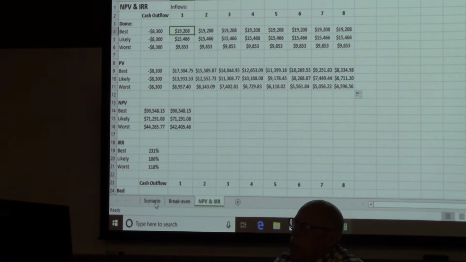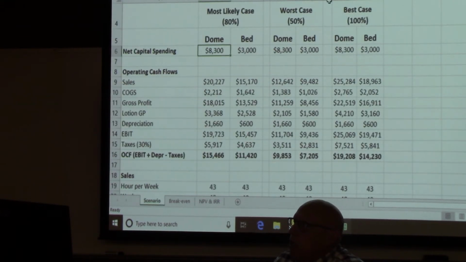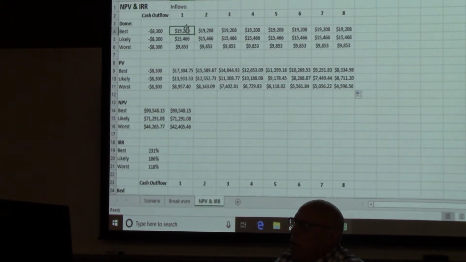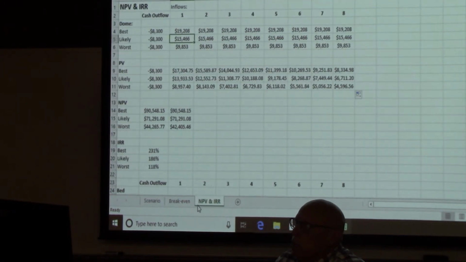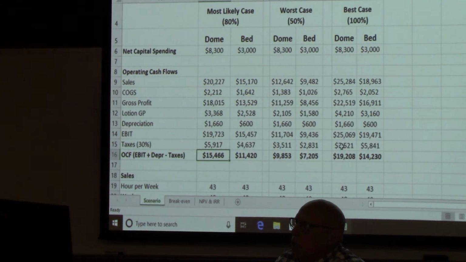The best case is equal to H16, so 19,208, that's where that number comes from. This number is B16, the most likely case, 15,466. And then 9,853, which is the worst case, right here.